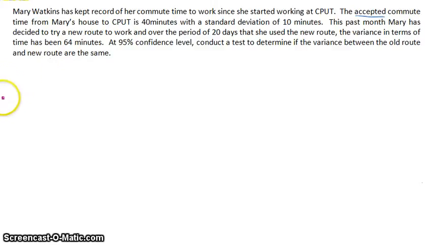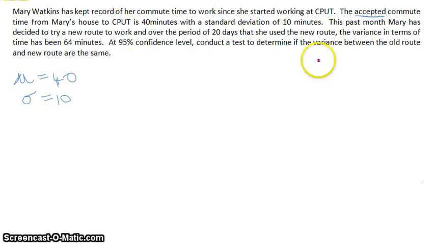It is known information and known data, with a standard deviation of 10 minutes. Because this is population data, that average is mu, so mu is 40 minutes. And the standard deviation of a population we know is sigma, so sigma is 10 minutes.